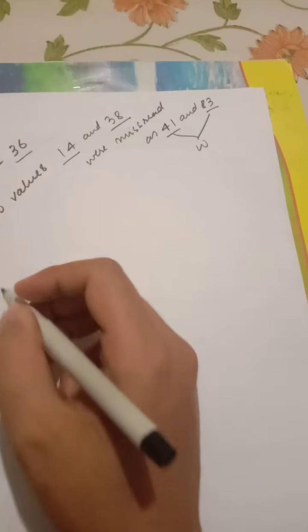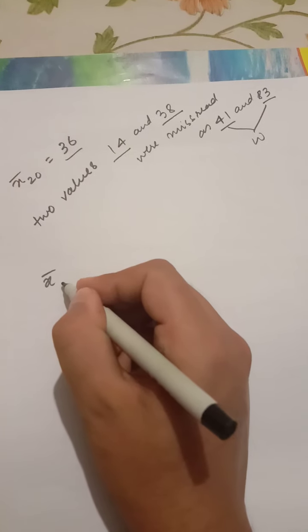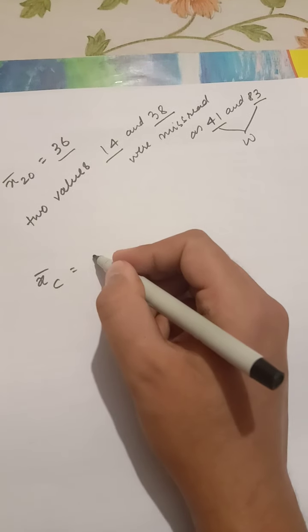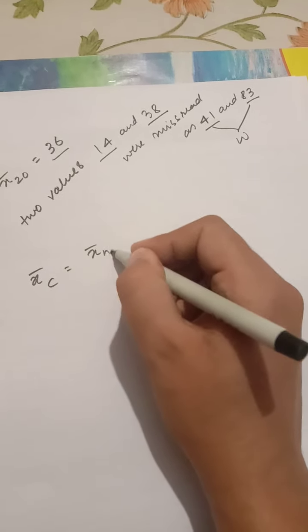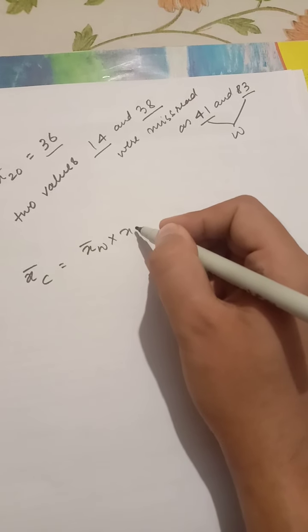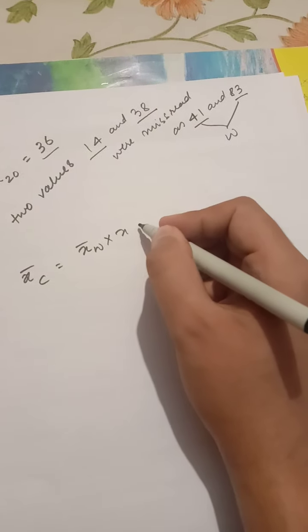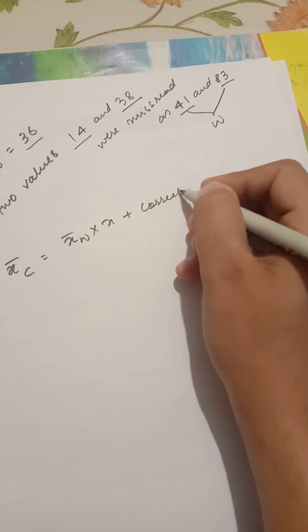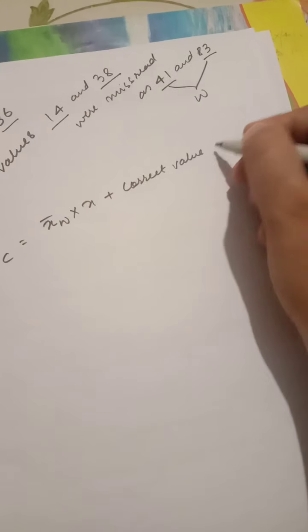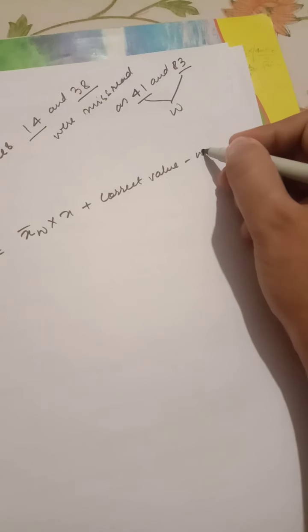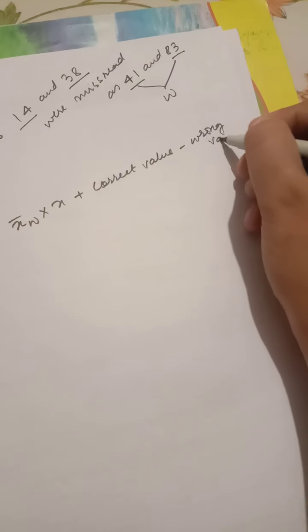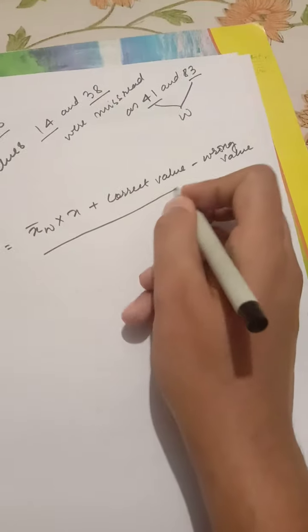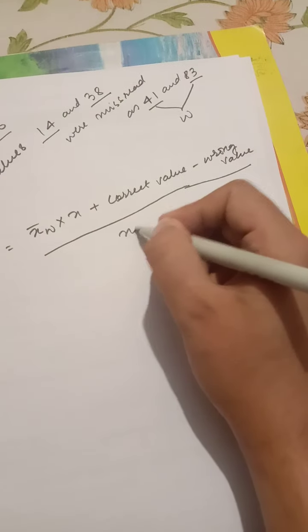So these are the wrong values. The formula is x bar correct mean equals x bar wrong into the number of observations, that is 20 here, plus the correct values minus the wrong values, divided by the number.